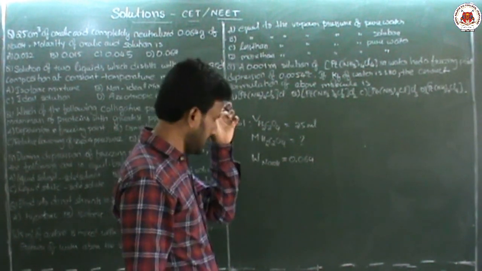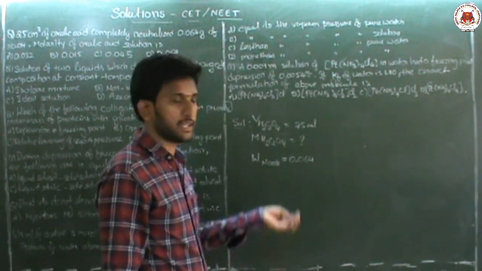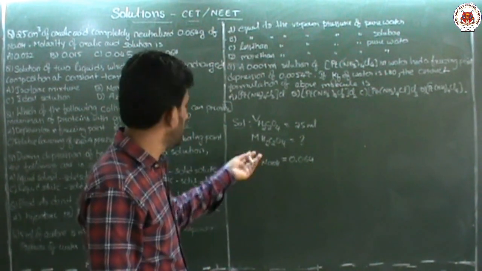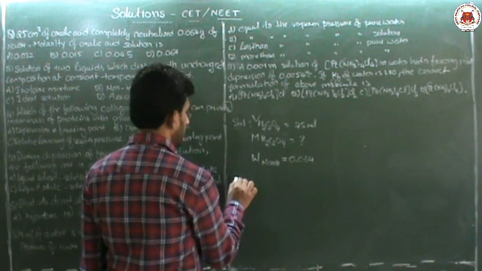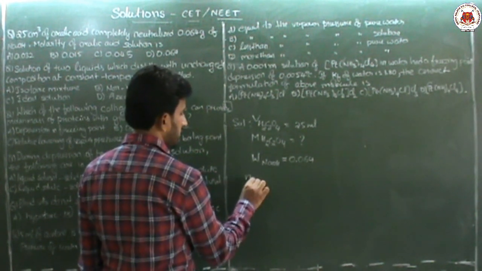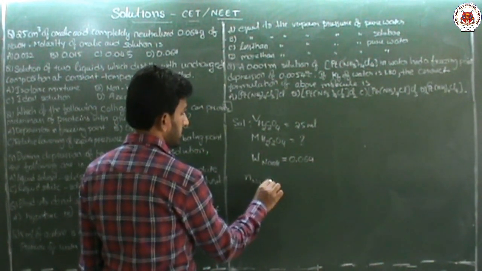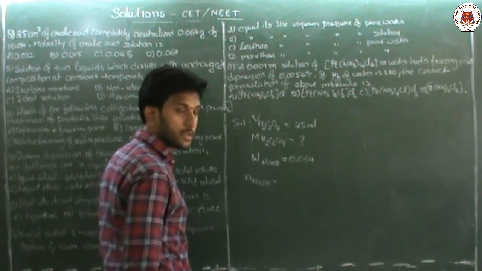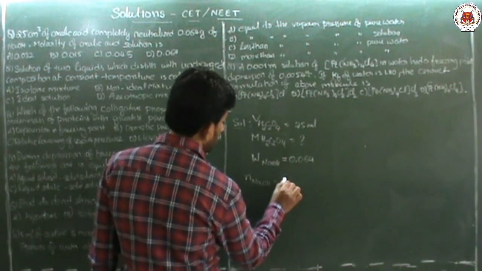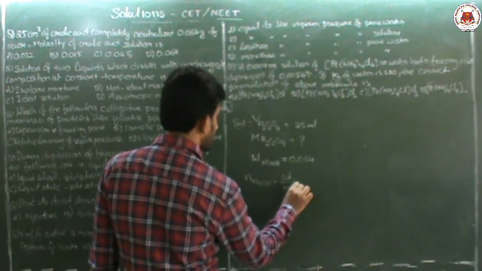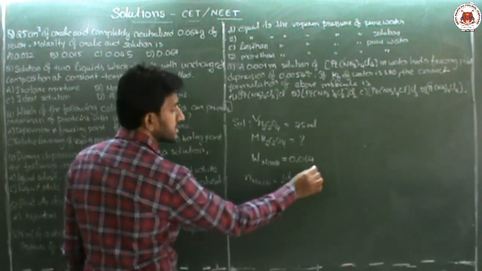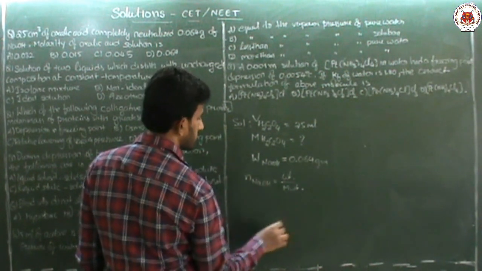So first let us see the number of moles, then you can calculate the number of moles of oxalic acid required. So what is the number of moles of NaOH? It will be equal to weight of NaOH by molecular weight. So how many moles in this many grams, we need to know that.